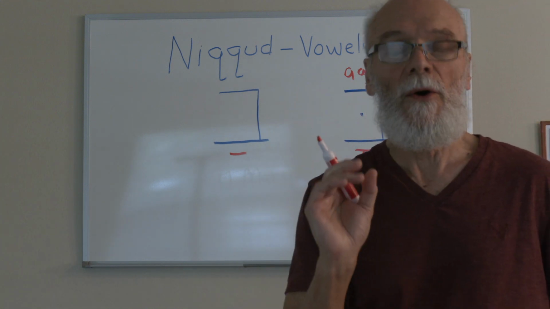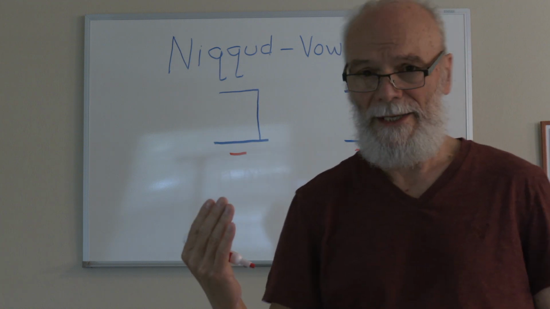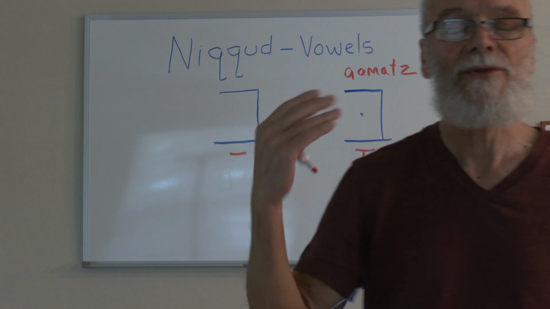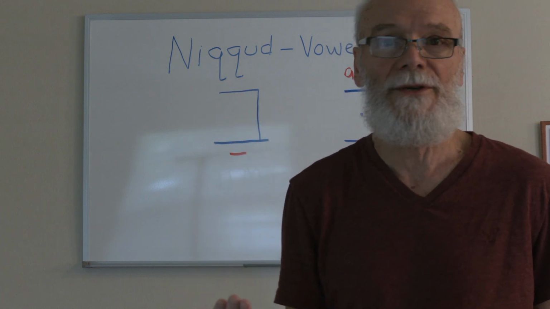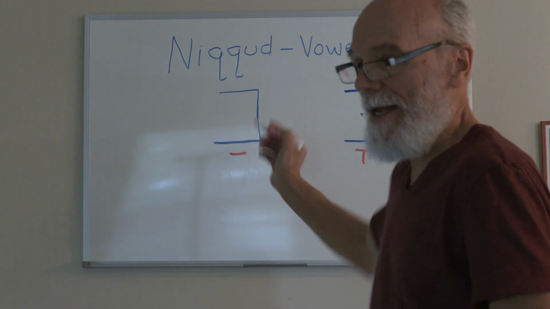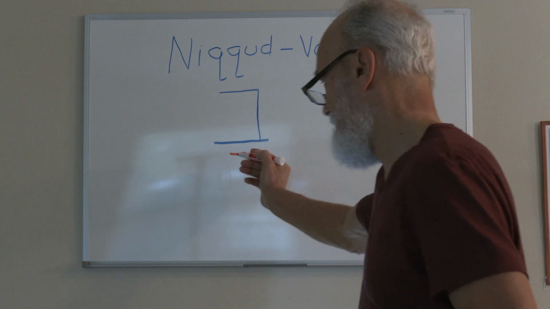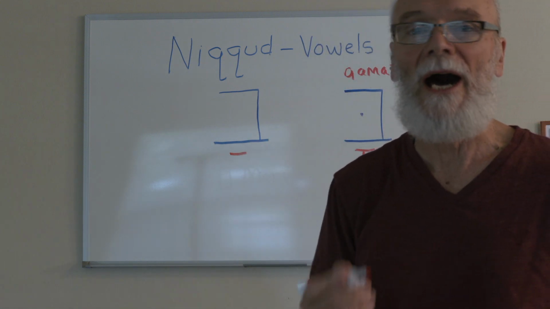And it's also ah. It's a little shorter, but when it's vocalized, it's hard to distinguish when you're listening to someone talking whether they're using a kamatz or a patak. But the kamatz and the patak both make the sound of ah.